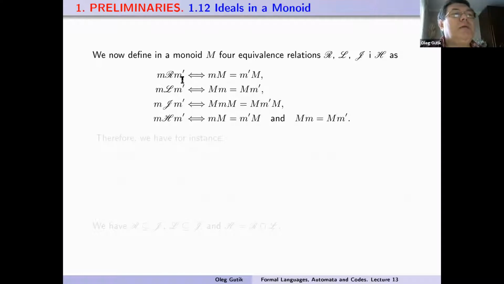Two elements m and m' are R-equivalent if and only if the right ideals mM and m'M coincide. Similarly for left ideals: two elements m and m' are L-equivalent if and only if these two left ideals coincide, and J-equivalent if and only if the two-sided ideals MmM and Mm'M coincide.